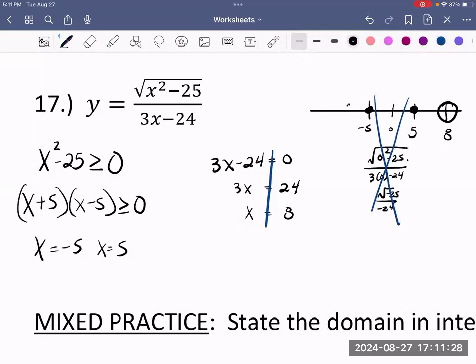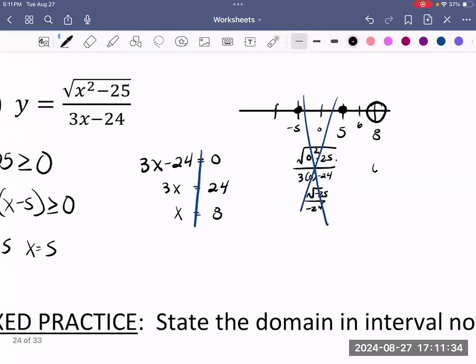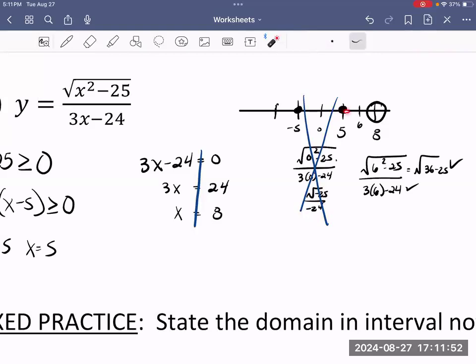Whereas if you pick something on the outside, that will be all right. Now let's test something over here. Let's test 6. So 6 squared minus 25 under square root over 3 times 6 minus 24. That won't cause an issue down below, so that's okay. And up here we have 36 minus 25, which will come out positive. So 6 is okay. So that means numbers from 5 to 8 are okay.